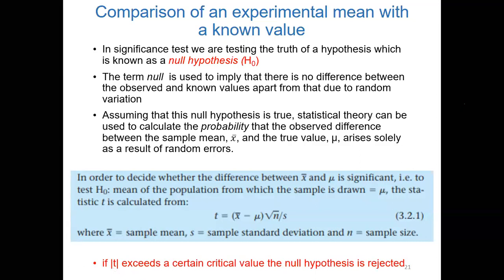That is how to calculate t. If the magnitude of t, these two lines represent the magnitude, we are not taking the sign, we only take the magnitude of t, exceeds a certain critical value, the null hypothesis is rejected.